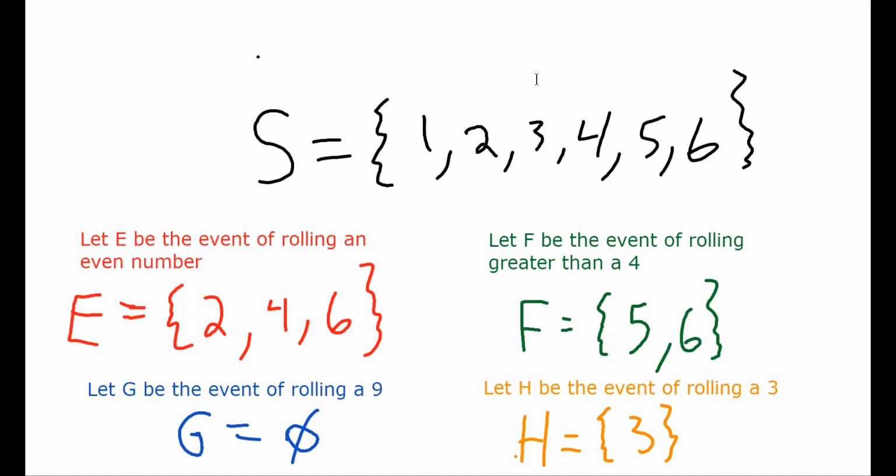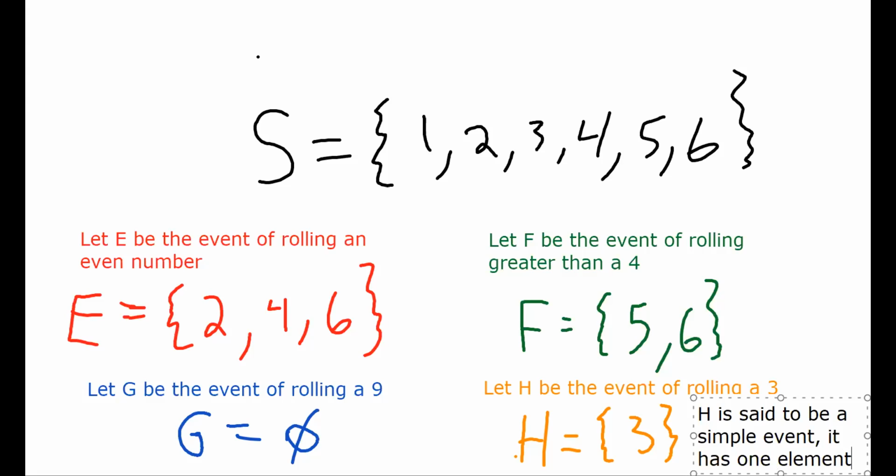We use a special definition here. H is said to be a simple event. It has one element only. So a simple event is an event that only has one single outcome in it, no more, no less. So pretty interesting stuff.